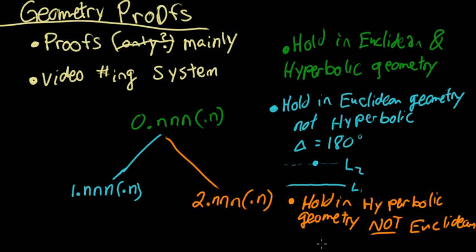So, in the hyperbolic geometry, triangles measure less than 180 degrees. And if I have some kind of point here and some line L sub 1, there are an infinite number of lines that go through this point and that are parallel to L sub 1.